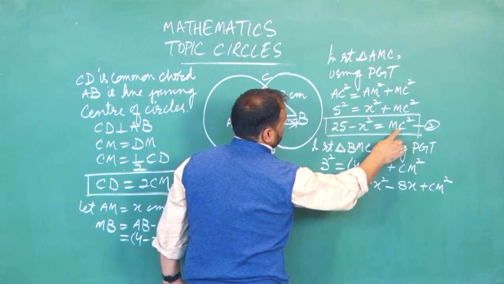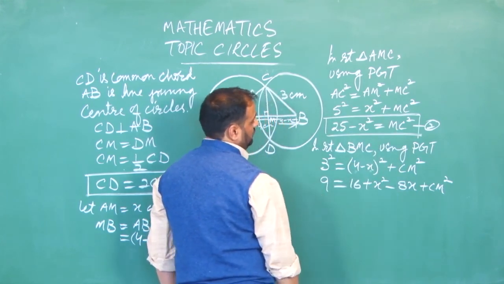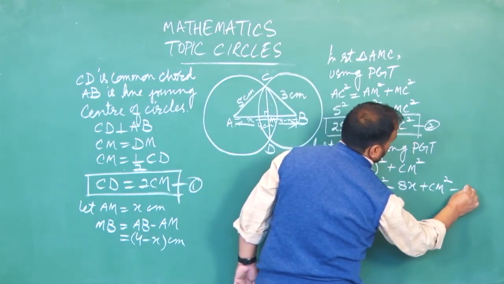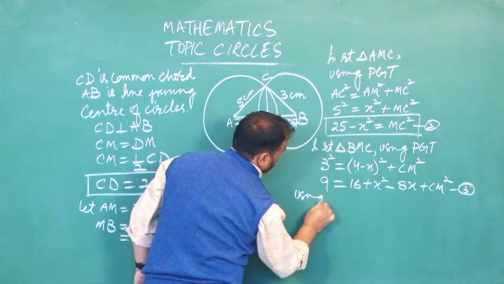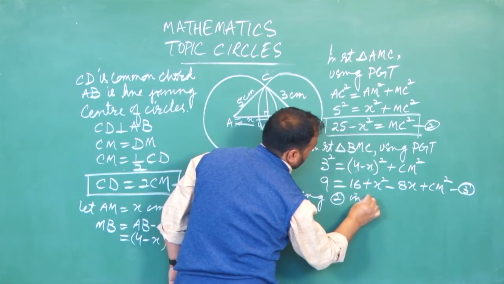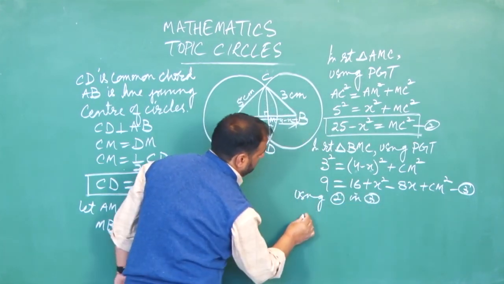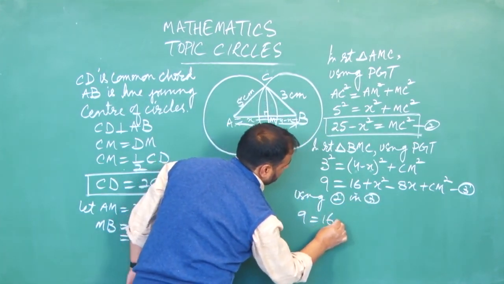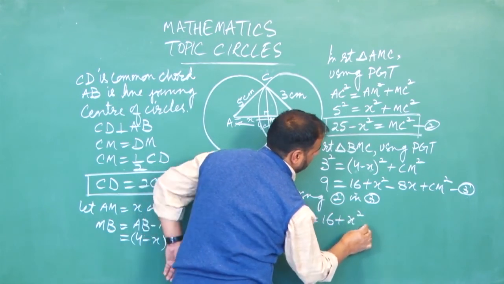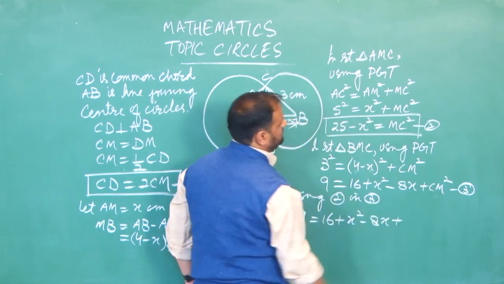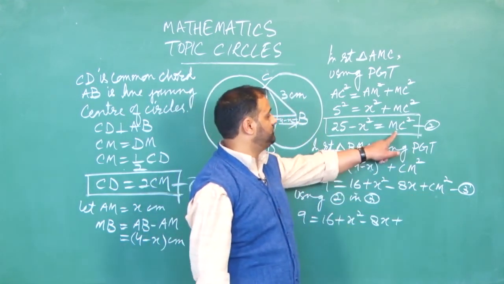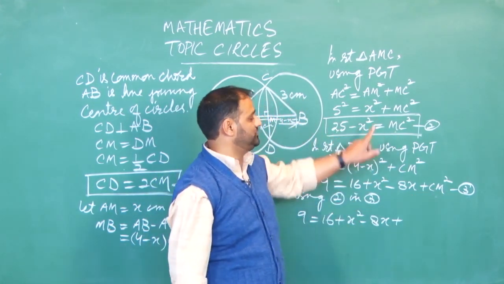Now, keep this as equation 3, and using the values of the second and third, we get 9 as it is, 16 plus x square minus 8x as it is, and instead of CM square, we substitute the value 25 minus x square.